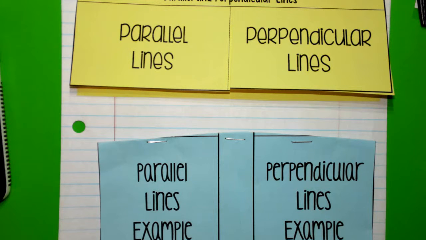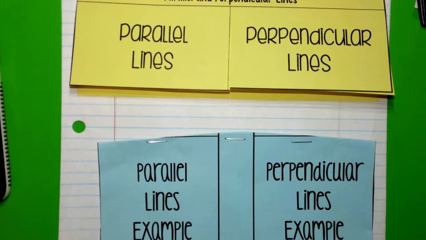So if parallel lines never touch, what do they have in common? They share the same slope. Perfect. They have the same slope, but what is different about them? If they have the same slope, what has to be different about them?